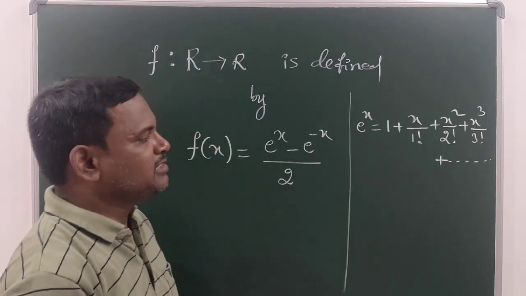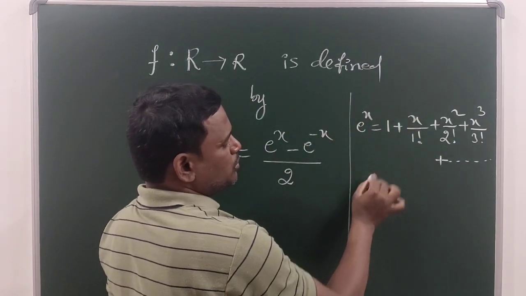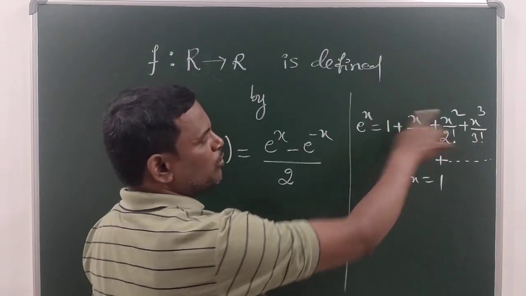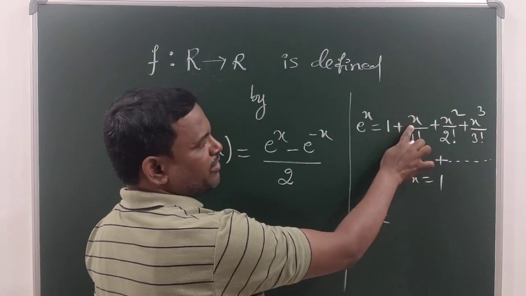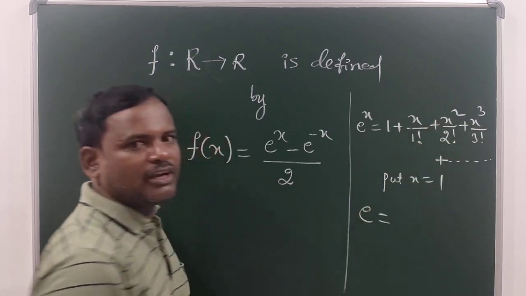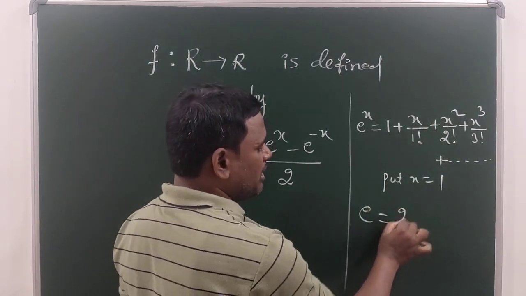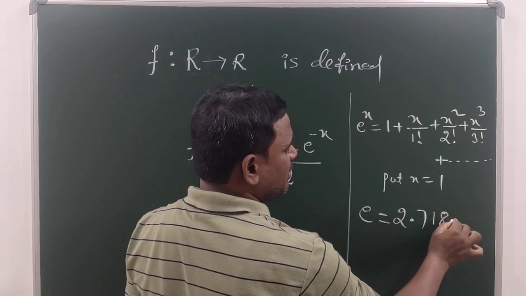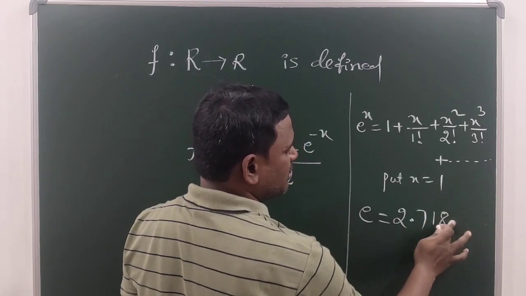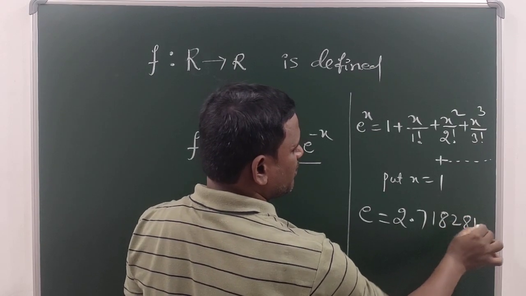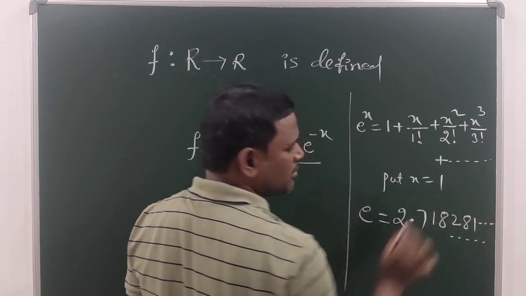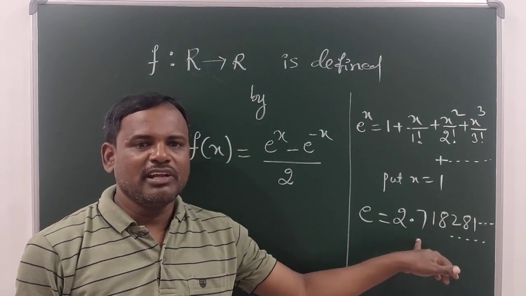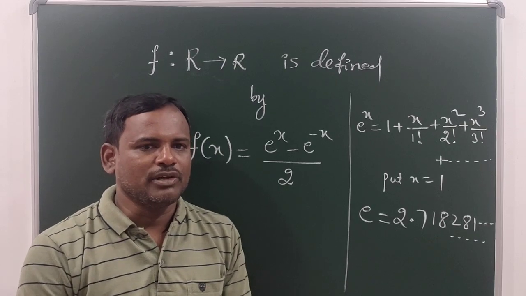If you put x equal to 1 here and go for simplification, wherever x is there you write 1, you will get an approximate value like 2.718281 and so on. This is a non-terminating, non-repeating decimal, hence it is an irrational number.